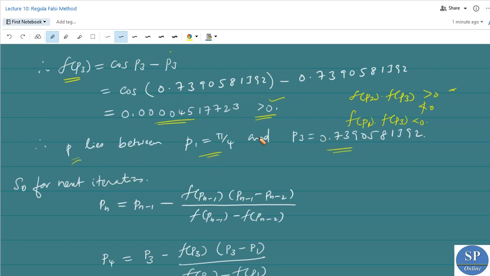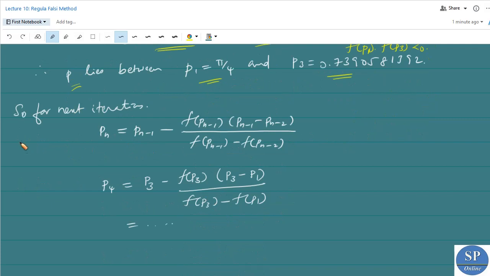So we can use these two values in the formula to find P4. Putting n equal to 4, we get P4 equal to P3 minus f of P3 into P3 minus P2 divided by f of P3 minus f of P2.